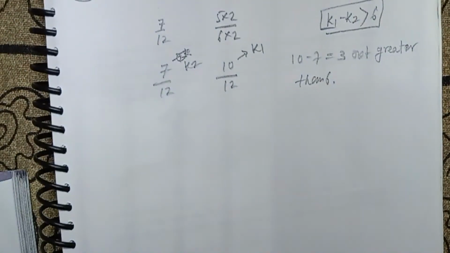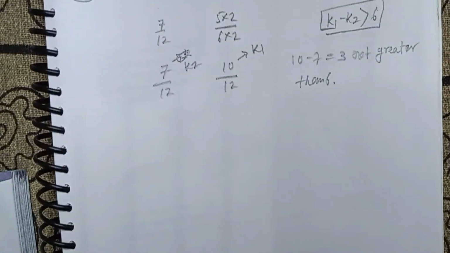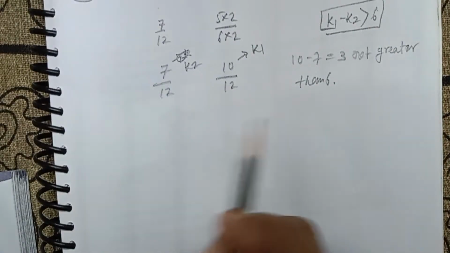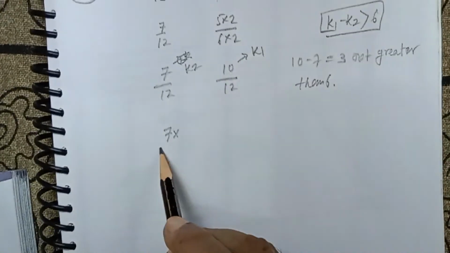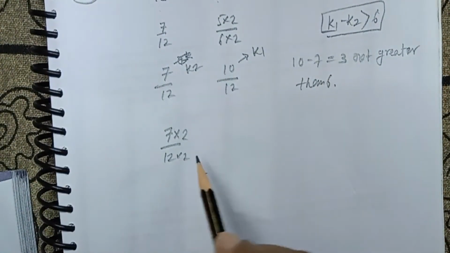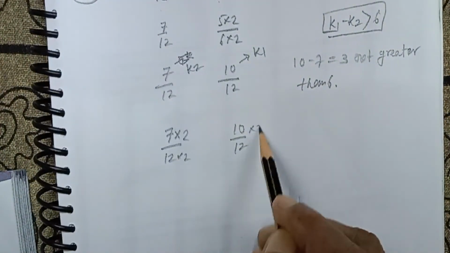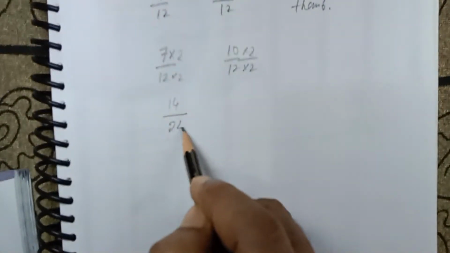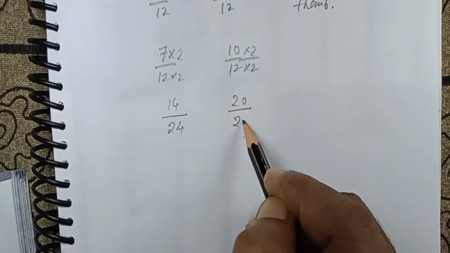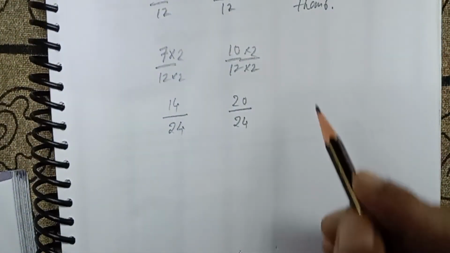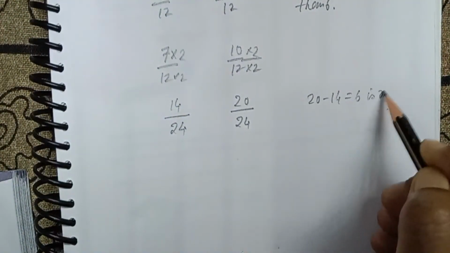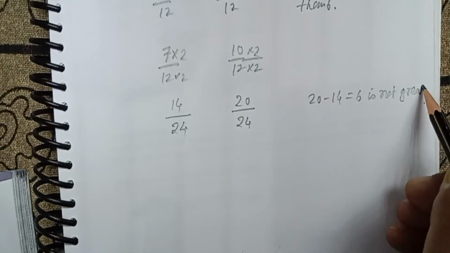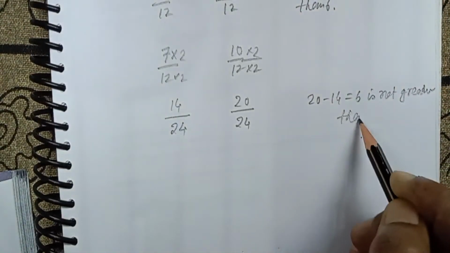Okay. So again you have to do it. Now equalize it. 7 into 2, 12 into 2, 10 by 12 into 2. So it will be 14 by 24 and 20 upon 24. Okay. Here also you can see 20 minus 14, that will be 6. 6 is not greater than 6.